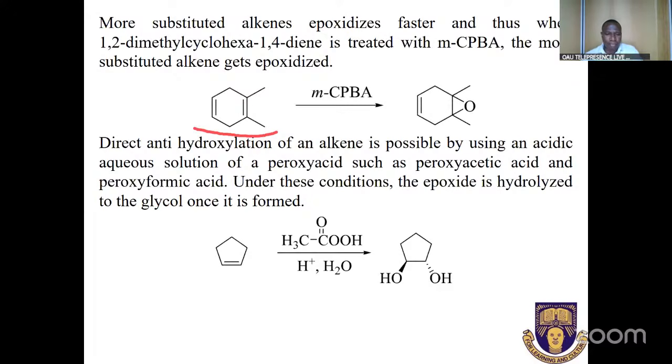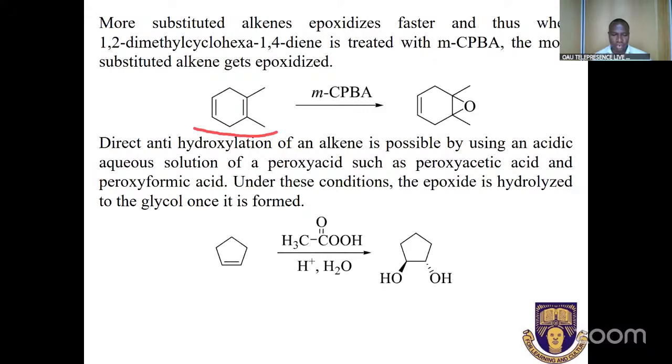Just to mention also that you can have direct hydroxylation of an alkene. You need to really target this, but it is possible. If you use the peracid and react it with an alkene, it is actually possible.